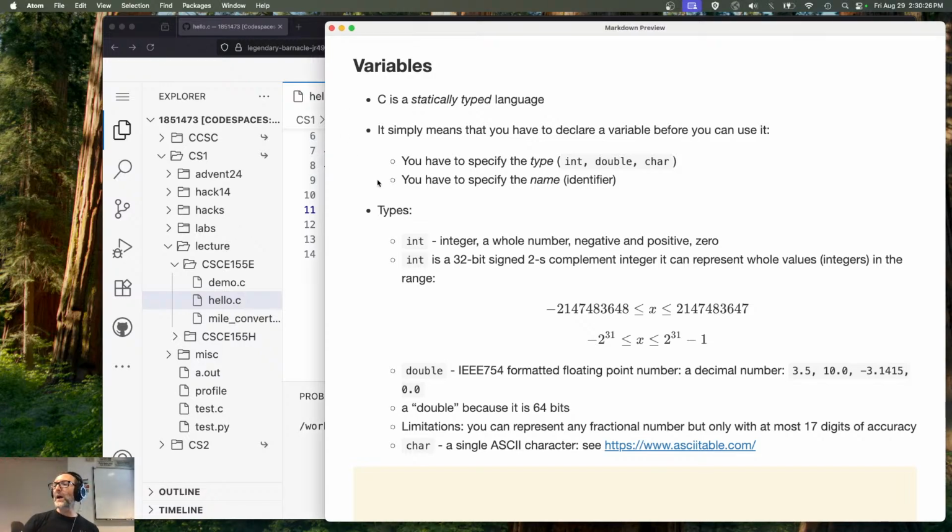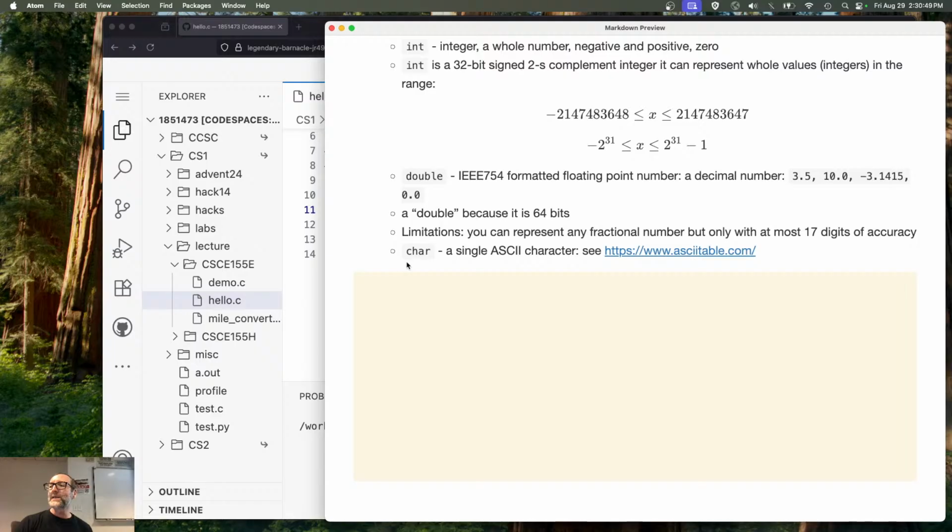But otherwise, to pick it up where we left off, we were talking about types of variables. Now, there are more types of variables that we're going to talk about than these three, but we'll leave those for later. We're going to be primarily using integers, doubles, and characters. The characters are going to be single characters, right? And we left it off with looking at the ASCII text table, where a character is basically a number, right?